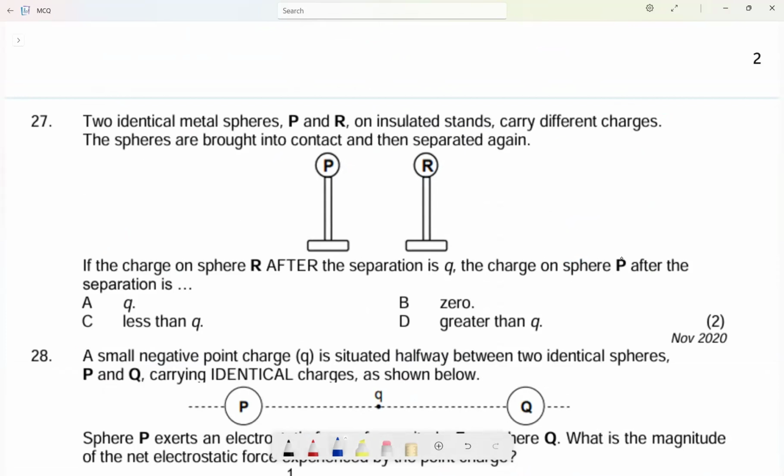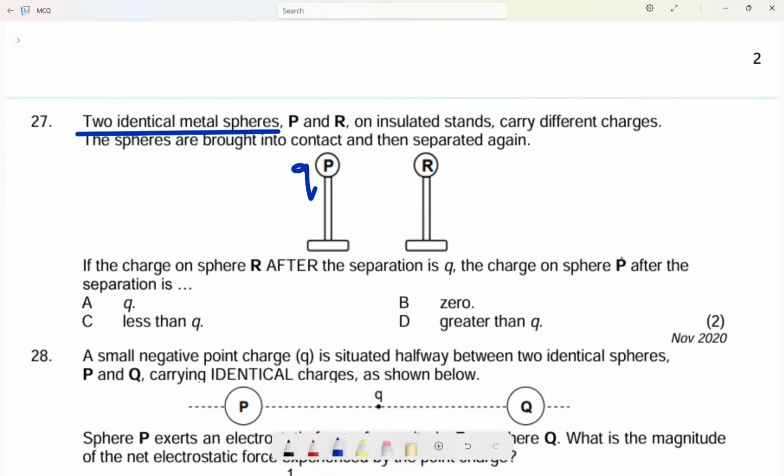27. Two identical metal spheres P and R on insulated stands carry different charges. The spheres are brought together into contact and then separated again. If the charge on sphere R after separation is Q, the charge on sphere P is, okay, now we need to know there are two identical metal spheres, right?